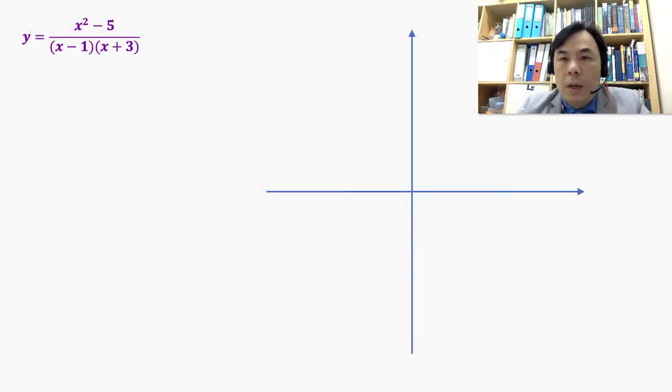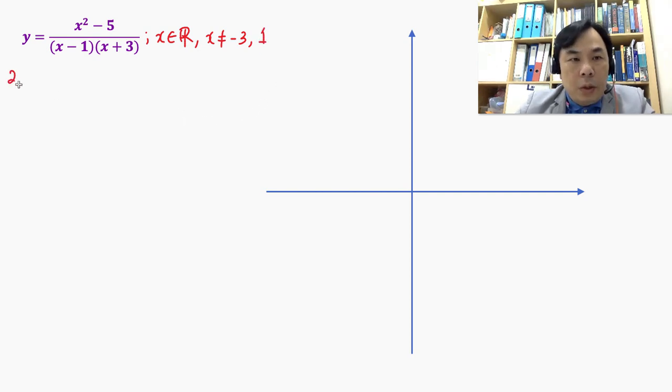Here comes our last example for this rational function. All right, now we're going to follow the same routine again. We will say that our domain is all real numbers, of course, except x equals -3 and 1. Okay, so there you have it. And then number 2, we're going to find any x and or y intercepts. It is also very obvious here.